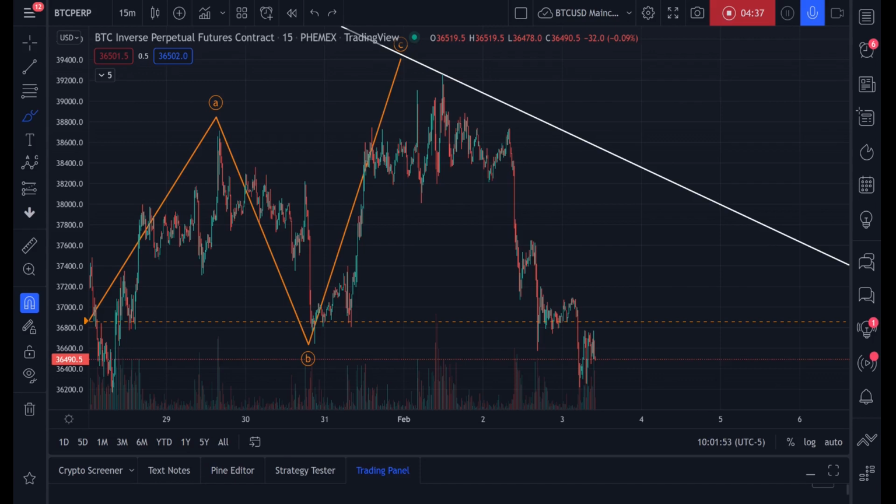I called a leading diagonal when it was a regular wave 1 followed by a wave 2. I wasn't seeing that. And I misread it, and I don't give a damn, because I'm still in my trade. My trade's still profitable. I have yet to take profits, and I've adjusted. I looked at the chart, and I'm like, oh no, this is what's going on.